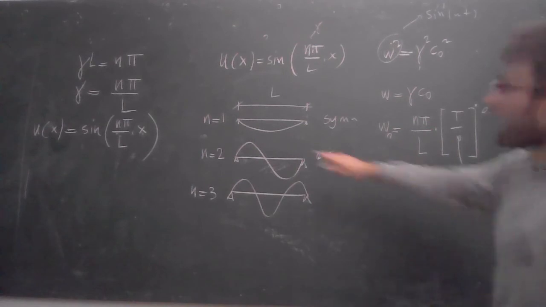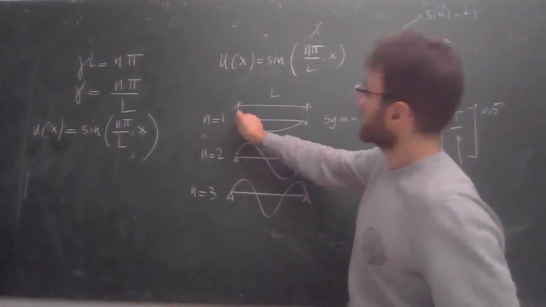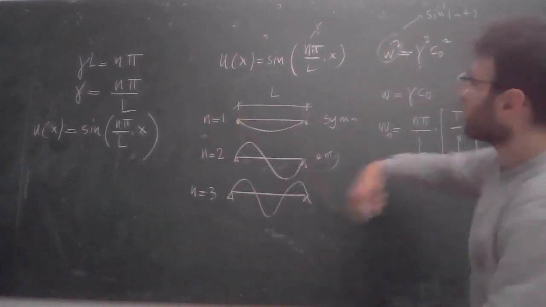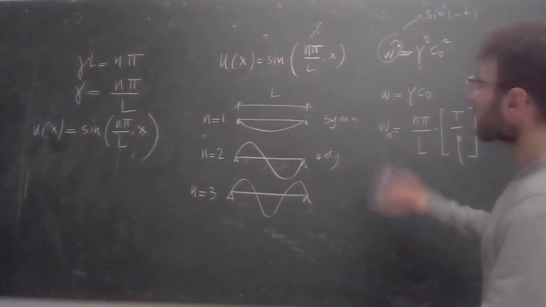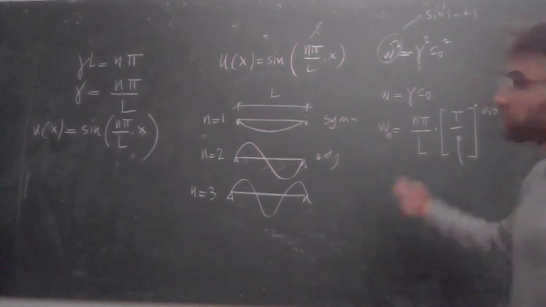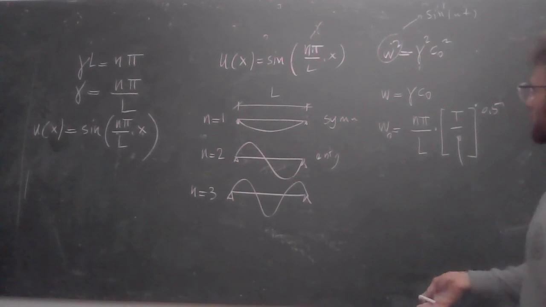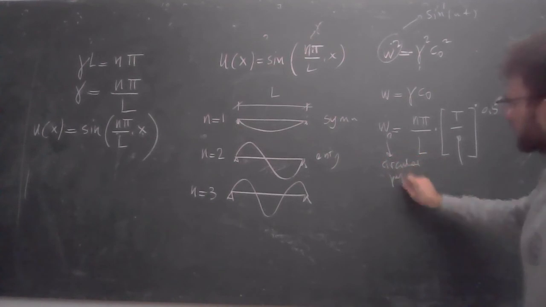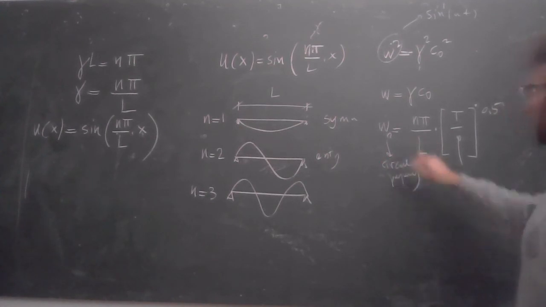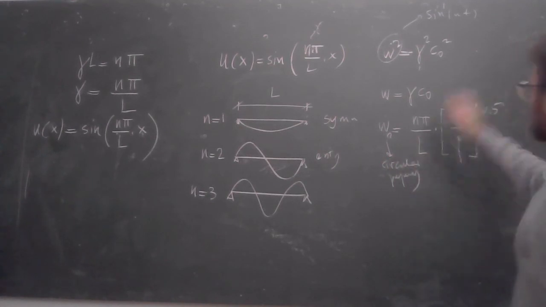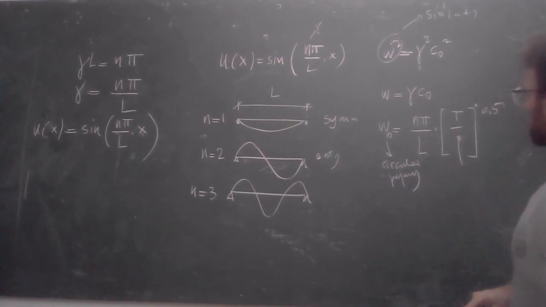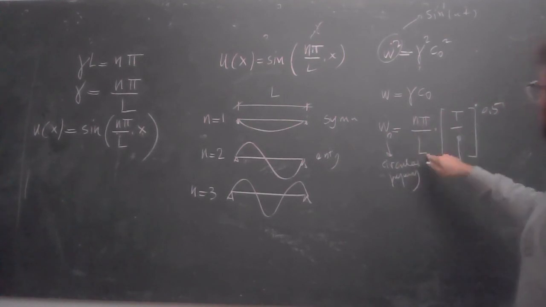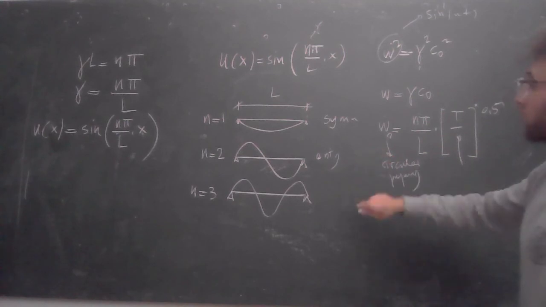So when n is equal to 1, we have this shape which vibrates, which goes up and down according to a certain frequency. This is the circular frequency. And the value of that circular frequency is this one, when n is equal to 1, when n is equal to 2, to 3.